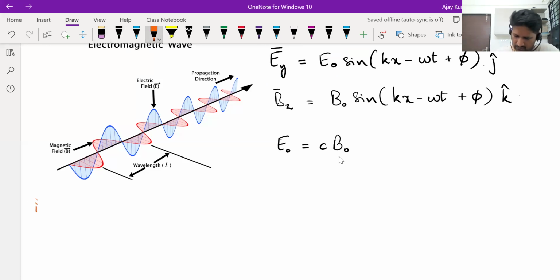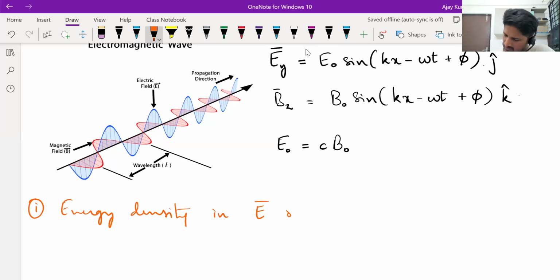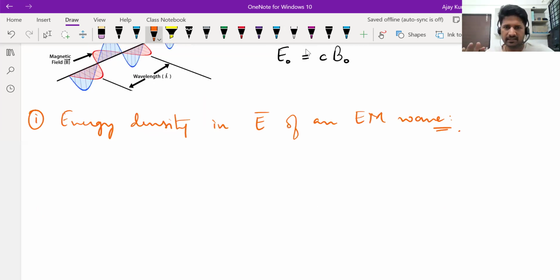So first, energy density in the electric field of an EM wave. Generally, if there's an electric field E in vacuum, what's the formula for energy density in the electric field?